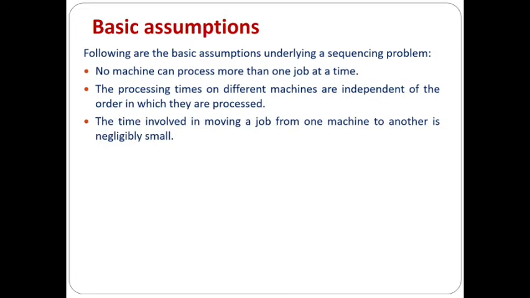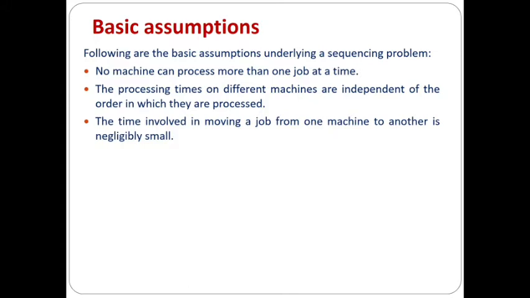Next is that the time involved in moving a job from one machine to another is negligibly small. That is, there is no transportation time. So if it is given as processing time, it includes the actual machining time and the transportation time between one machine and another machine.